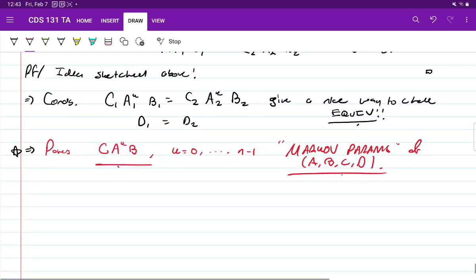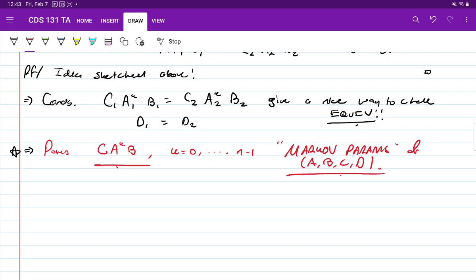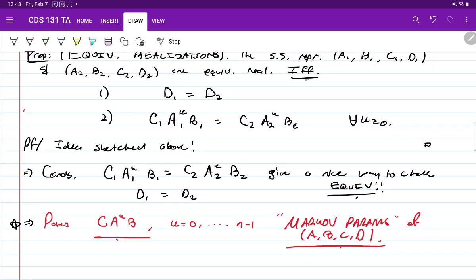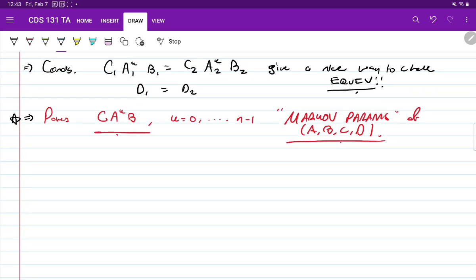Okay, so using these ideas of equivalent realizations, and now this nice characterization in terms of these Markov parameters, we can state a nice definition for a minimal realization. Okay?